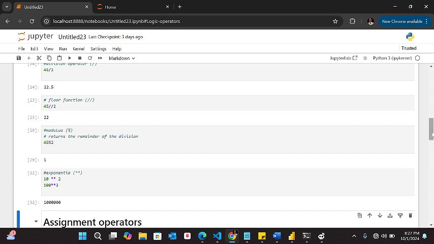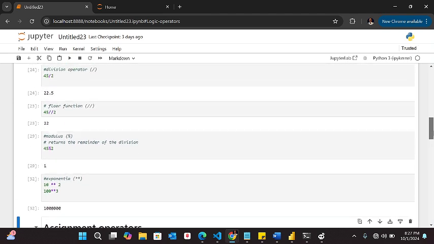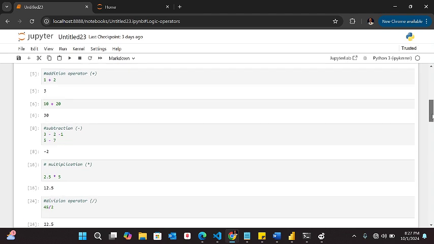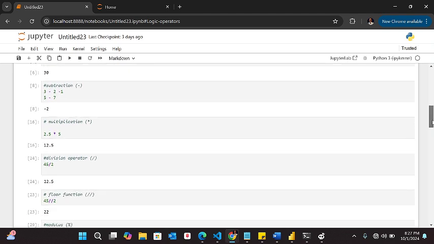So that's it with the arithmetic operators. We use them to perform mathematical operations on numbers. We have the addition operator, the subtraction, the multiplication, the division operator, which returns the result of a division in decimal points, the floor division, which returns only the whole number of a division.